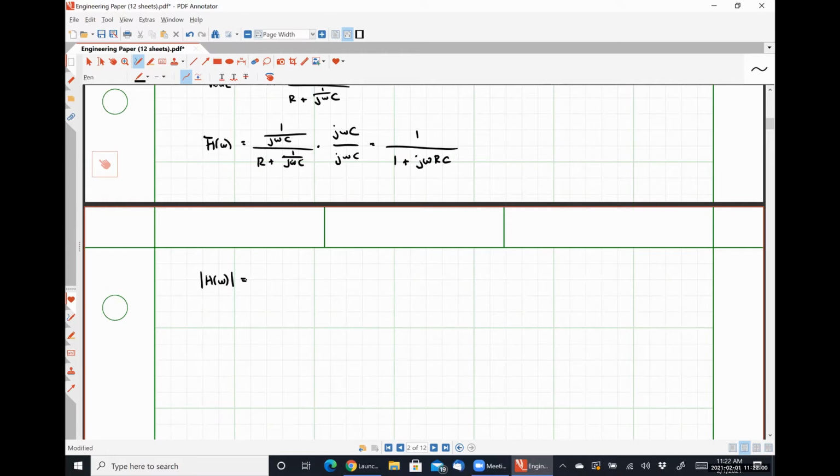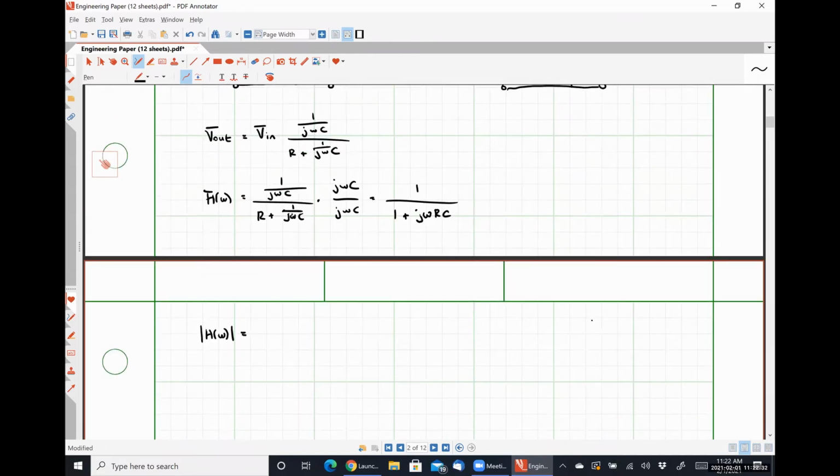I have a, you could argue polar form or rectangular form complex number in the numerator, and I have a definitely rectangular form complex number in the denominator. My ultimate goal is to develop a relationship that tells me a couple of different things, right? I want the magnitude and I want to know the phase angle.